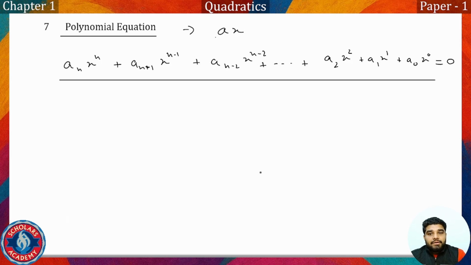So n can be any natural number. So n belongs to the set of natural numbers.